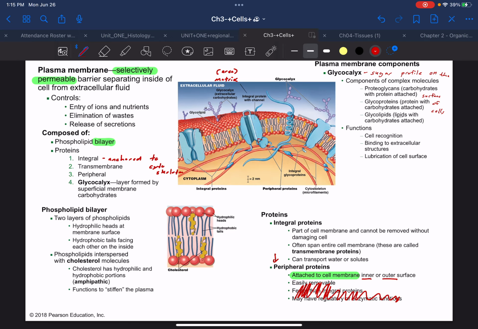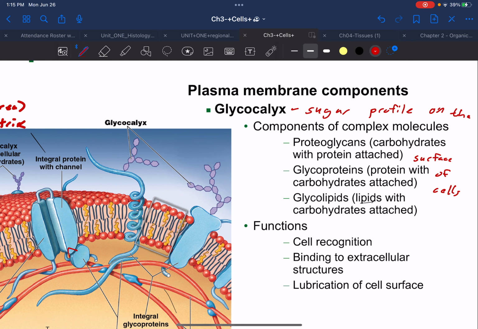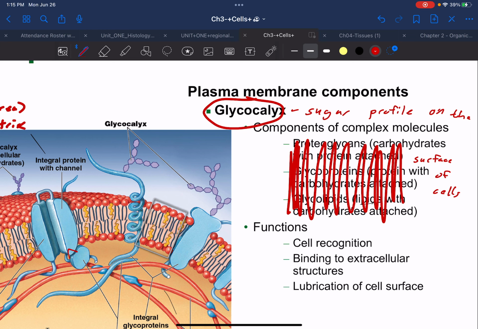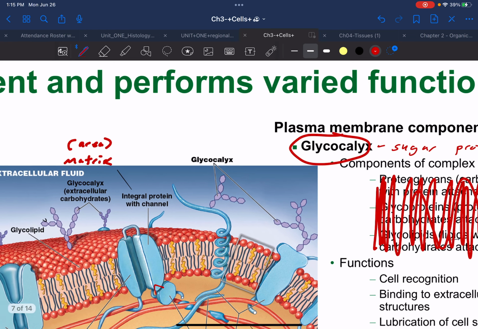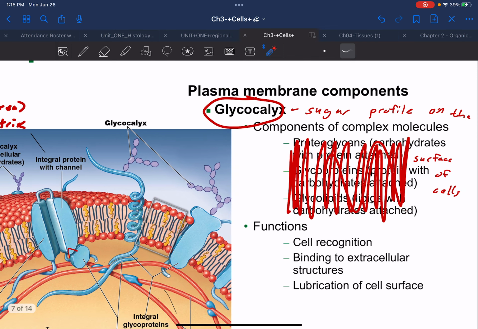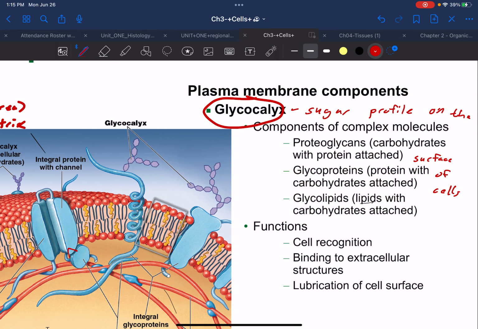And so with that, I also mentioned last class that we're going to limit it. Just know that glycocalyx is the sugar profile on the surface of cells. And all of this here, you're free to get rid of it. But just keep in mind that these sugar profiles, these sugar molecules, can be anchored to other proteins. They can be anchored to lipids. And so this segment was just really about understanding the naming system around that.